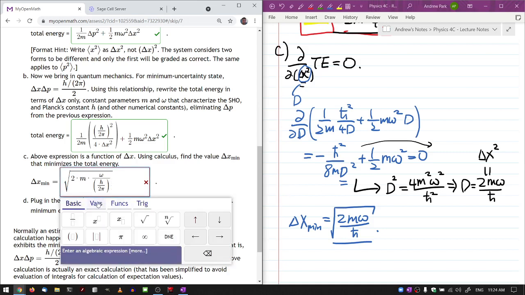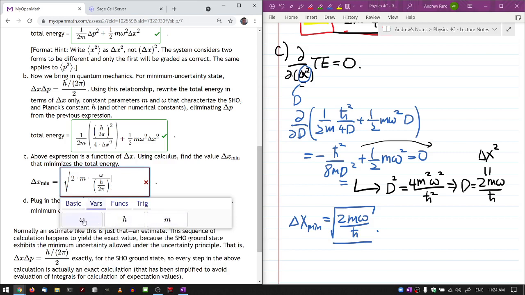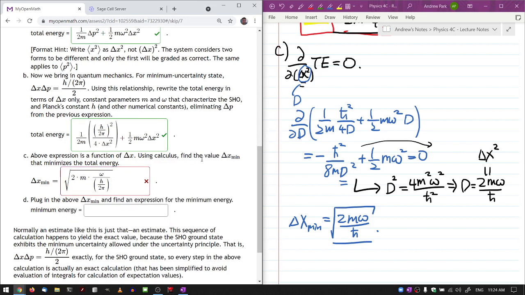And let me just make sure I'm using only the allowed variables, m, omega, and h. Okay. Hmm. Let's see here. Just gonna imagine putting this in here.